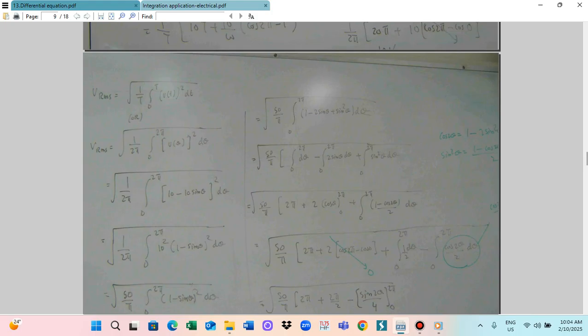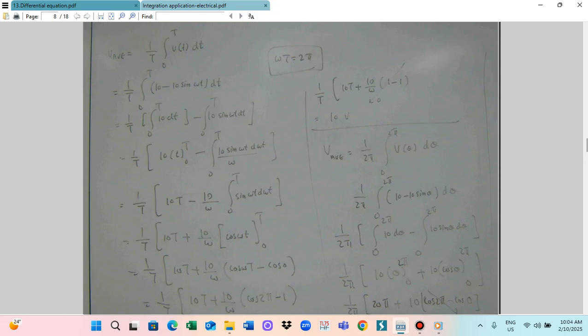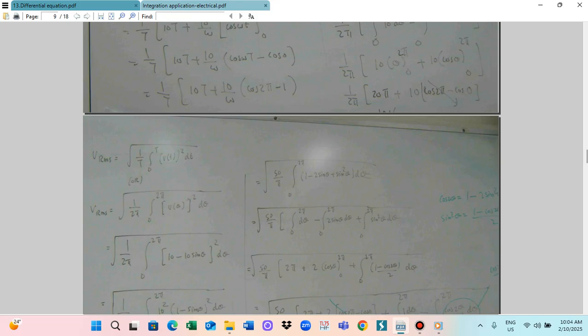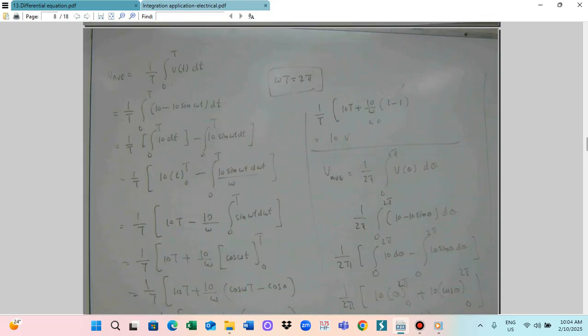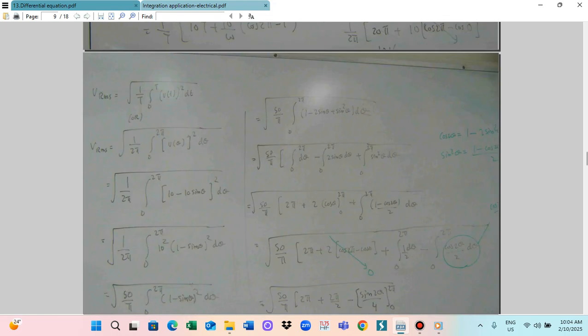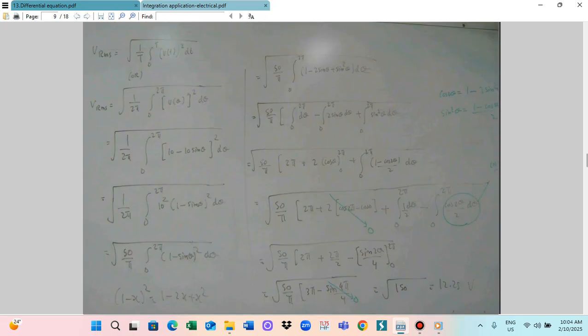Or the other equation, VRMS is equal to the square root of 1 by 2 pi, integration 0 to 2 pi, v(theta) square d theta. So these are the two equations we can utilize. The first equation uses the time, the second equation uses the angle.